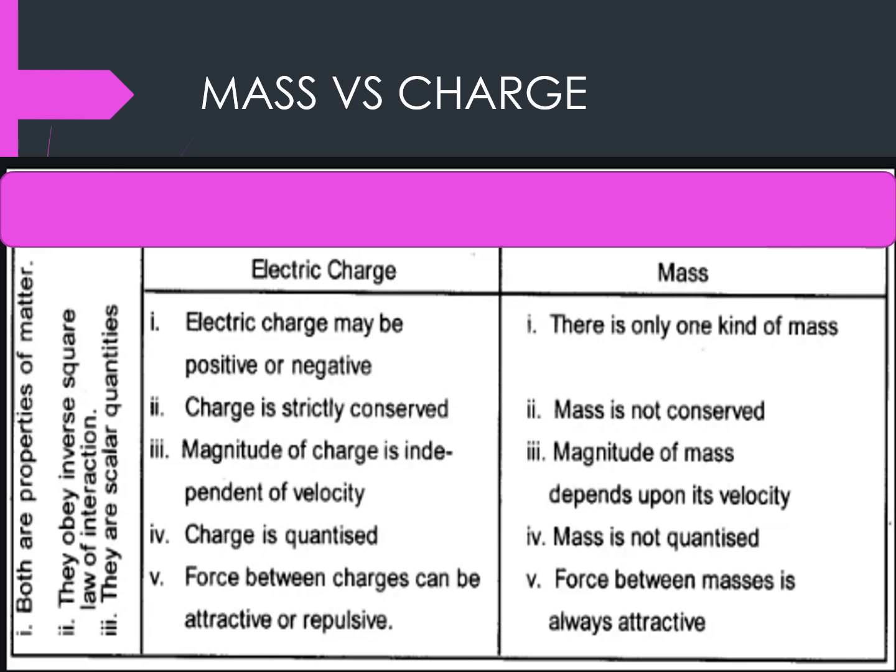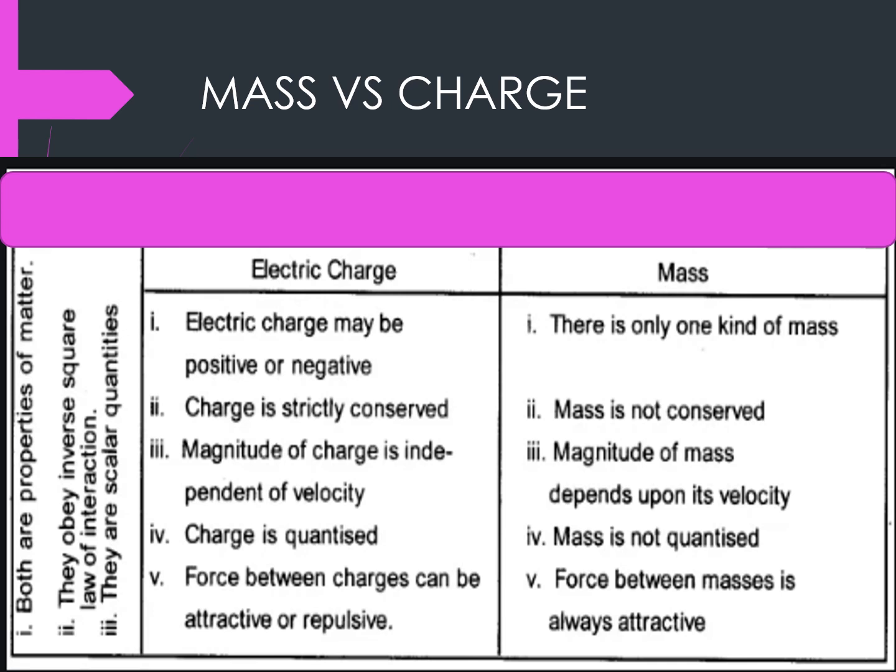Charge exists in positive and negative, and mass exists only in positive. Mass cannot be negative. Next, the law of conservation of charge holds good, but in the case of mass, the law of conservation of mass does not hold good. Mass plus energy is always constant or conserved.